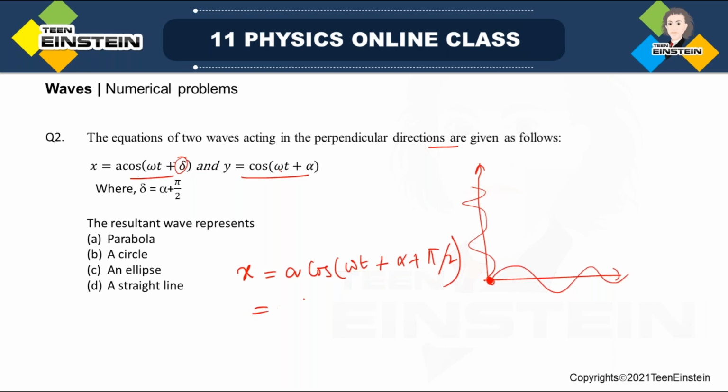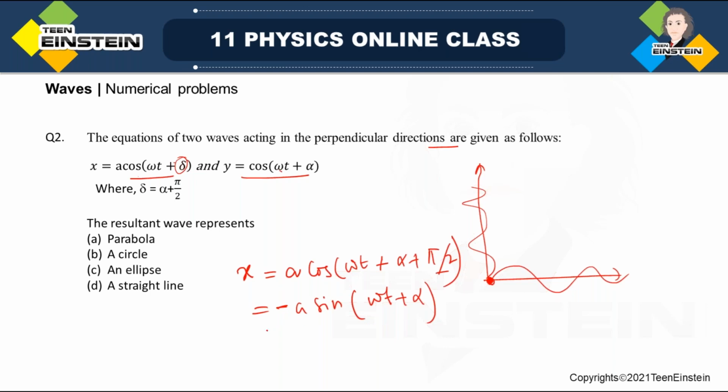So pi by 2 is there, so it will become sine, with a minus sign, since it is starting from cos, because all sine tan cos, you know that.